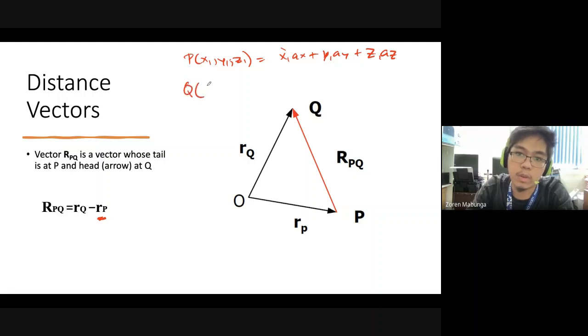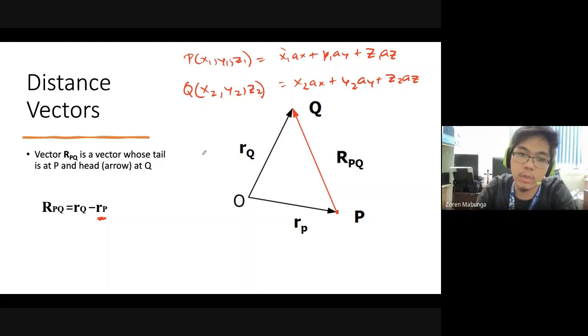For Q, if ito is x2, y2, and z2, so same process lang. So, this will be equal to x2 ax plus y2 ay plus z2 az. So, if pinahanap sa atin yung distance vector from P, so simula kay P, papunta kay Q, so ito yung hinahanap sa atin, R, PQ. Okay, so which is, pwede mong makuha, ima-minus mo si RQ dun sa RP.